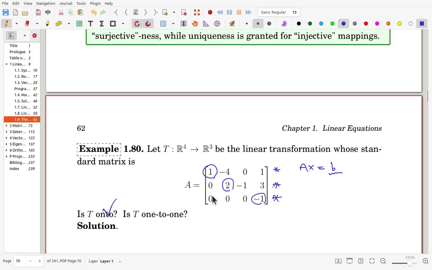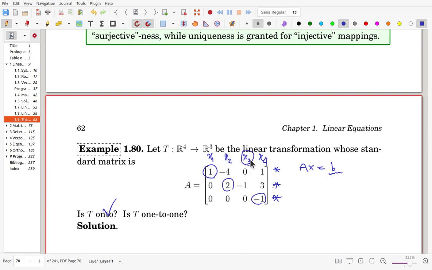This is pivot, pivot, pivot. So here, among x1, x2, x3 and x4, these three are basic variables, but there's no pivot here, so there's a free variable.